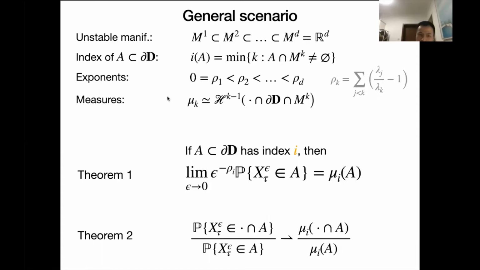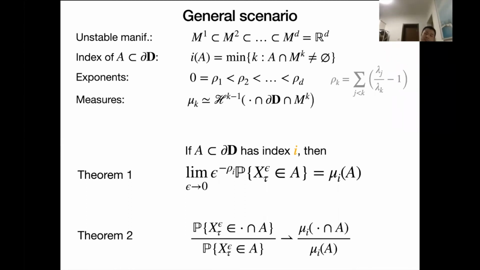Finally, we associate with each index a measure, which can be expressed explicitly, but it's not important here. We just need to know it is a (k-1)-dimensional Hausdorff measure on the boundary of the domain, supported on the intersection of the boundary with the k-th manifold. So eventually we have two theorems.